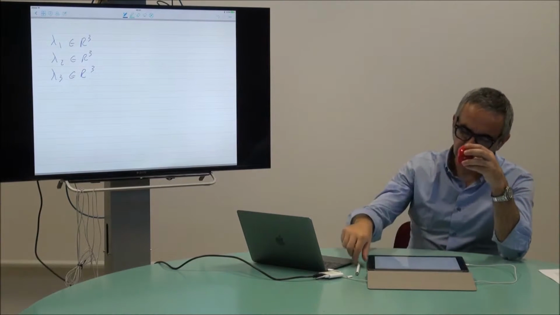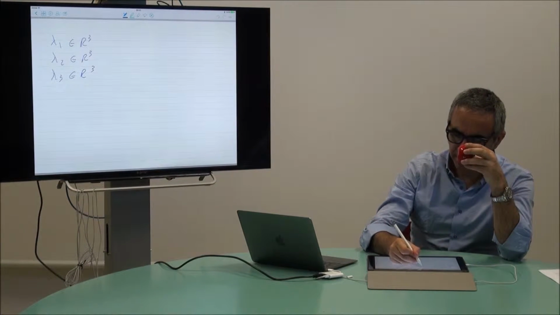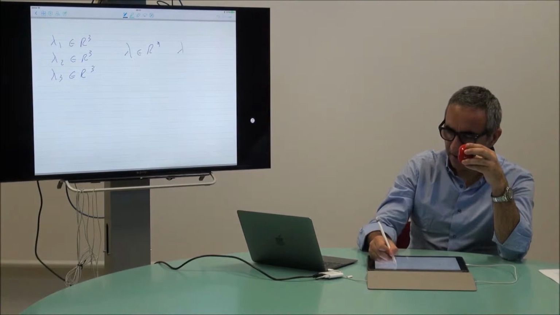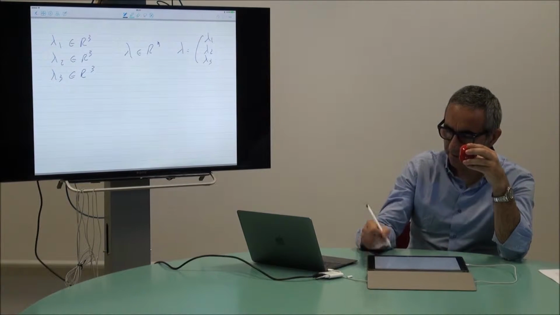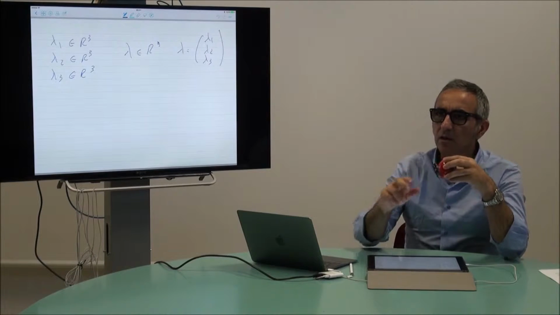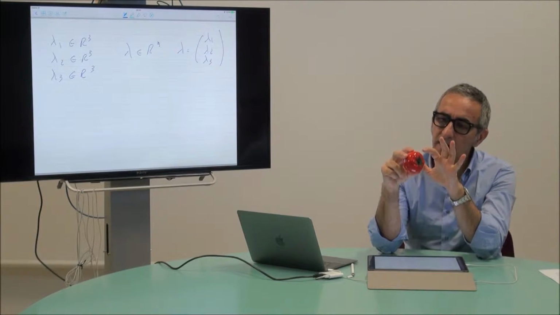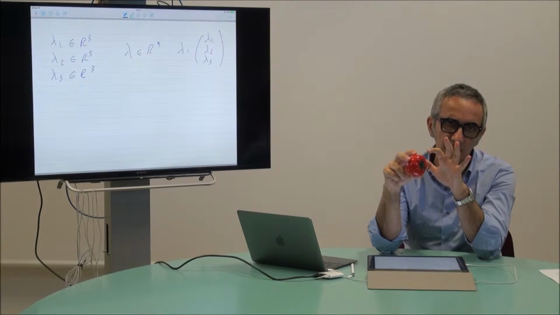The overall contact vector is simply the vector lambda belonging to R9 and defined as lambda 1, lambda 2, lambda 3.